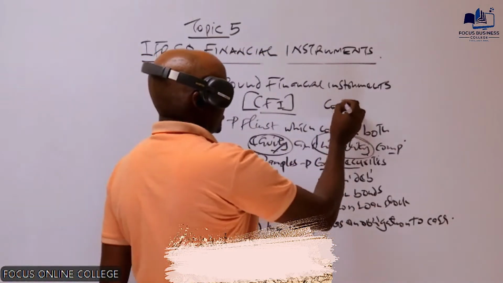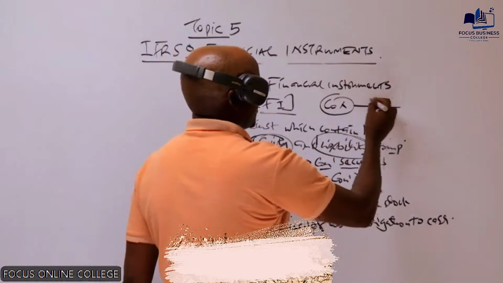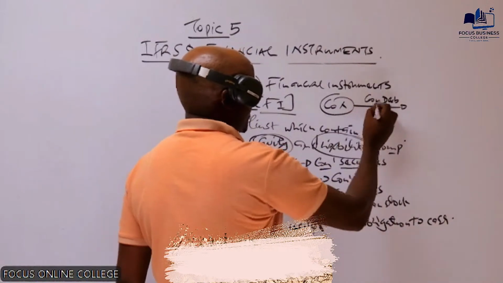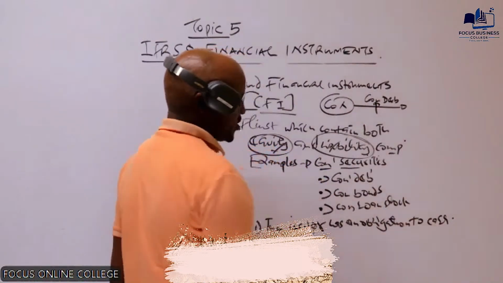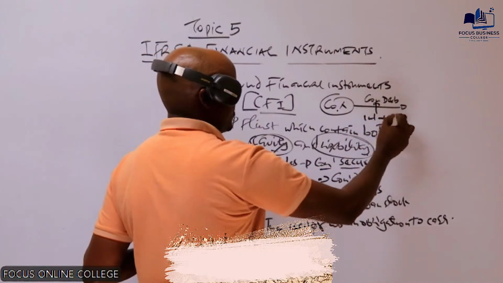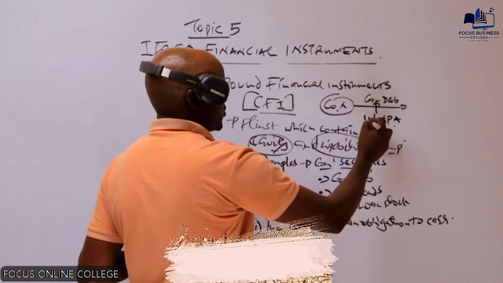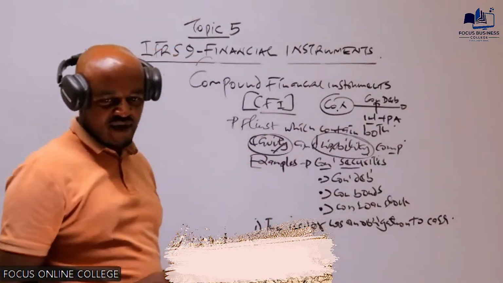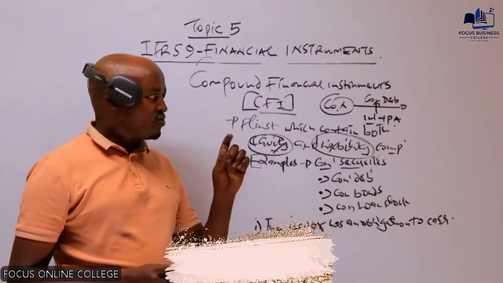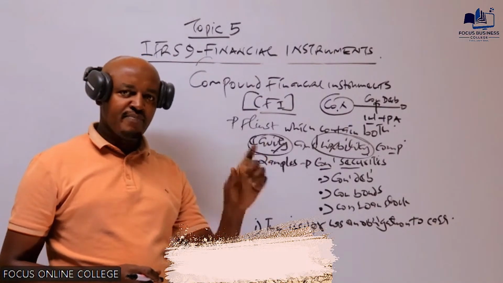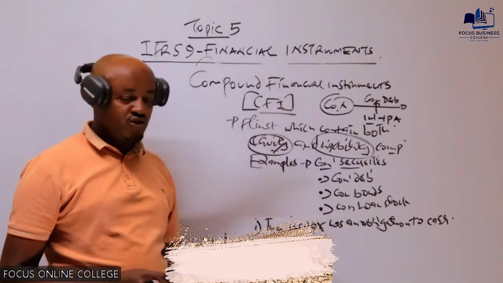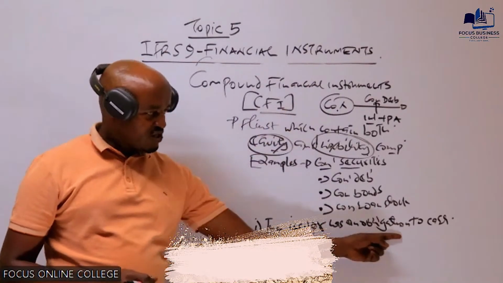Assuming company X has issued convertible debentures, this company has an obligation to pay cash. The cash to be paid is interest and the principal amount. If the holders of these debentures do not convert them into ordinary shares, once they mature, our company will be required to redeem them by paying back the principal amount.